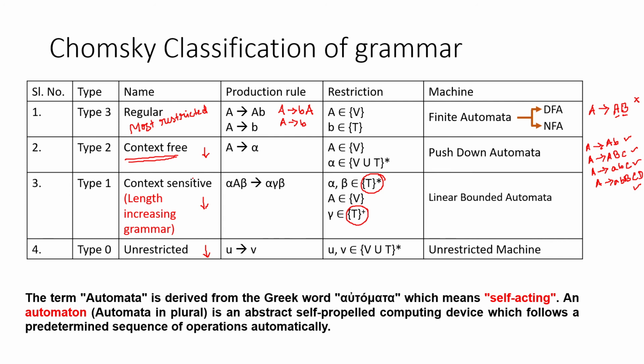So the grammar of English is a context free grammar. The grammar of Bengali is a context free grammar. Grammar of Hindi, Urdu, Nepali, whatever you can say, are context free grammar. That's why this particular grammar is going to be very vital in future, and the corresponding language generated by this grammar is going to be vital also. So we will see very soon how these different types of grammar generate different types of languages.